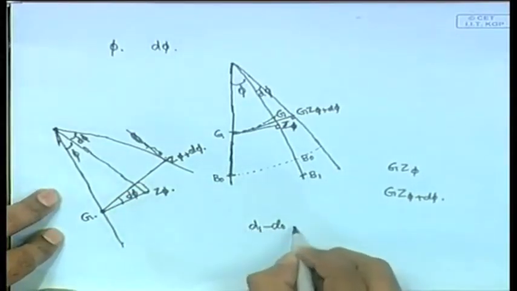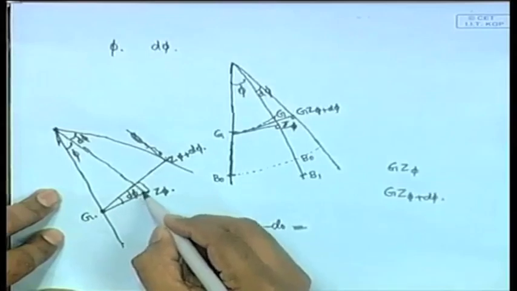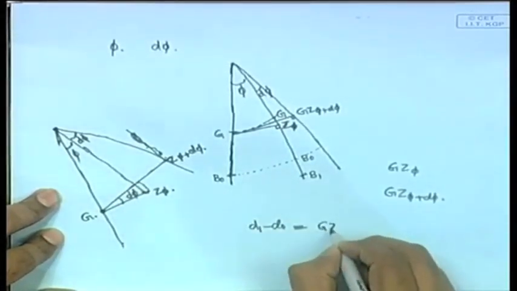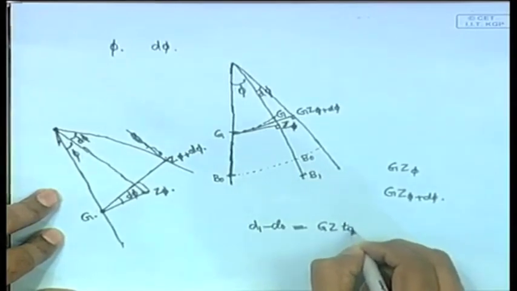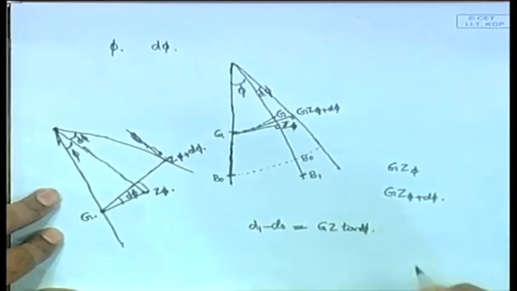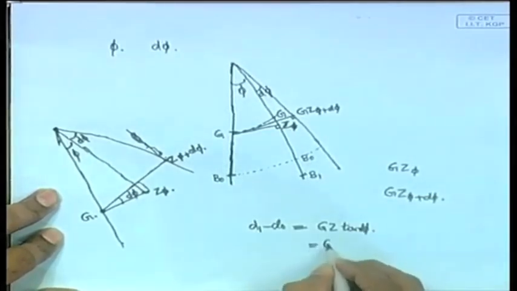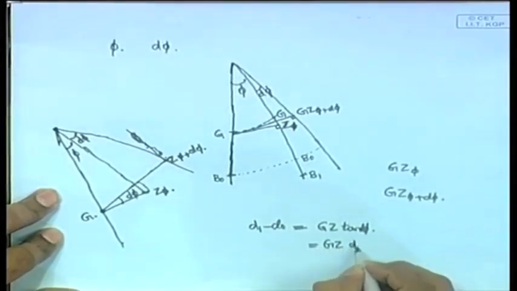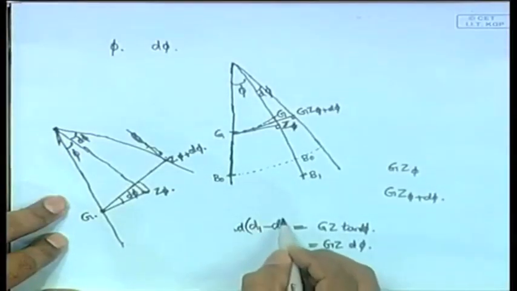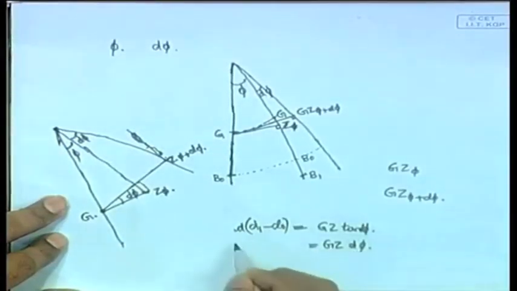So, d1 minus d0 will be given by this value, which is, I think, GZ tan d phi, which can be written as GZ d phi. This is actually d of this, because there is a d phi on this side, it is d of on the other side also, otherwise it does not make sense, right.